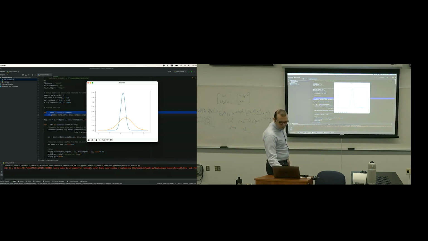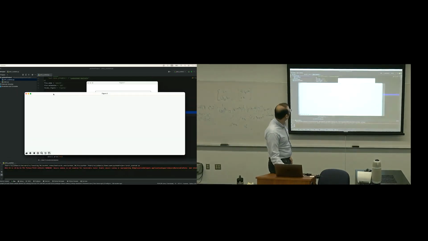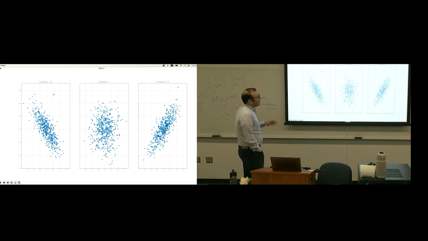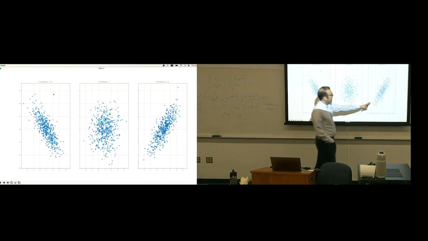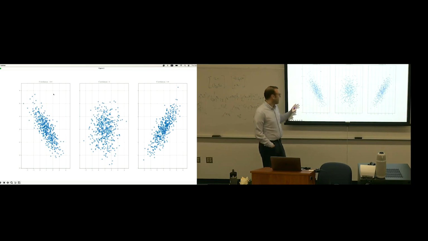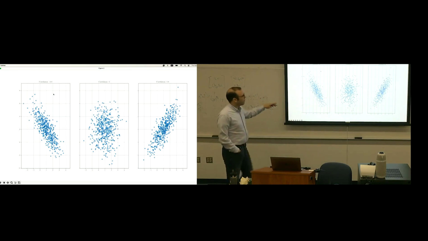But when you scatter plot the joint, this is the result. In all of these 3, the marginal distributions for each of x1 and x2 are the same. There is no difference. All of them are the same as you saw before.